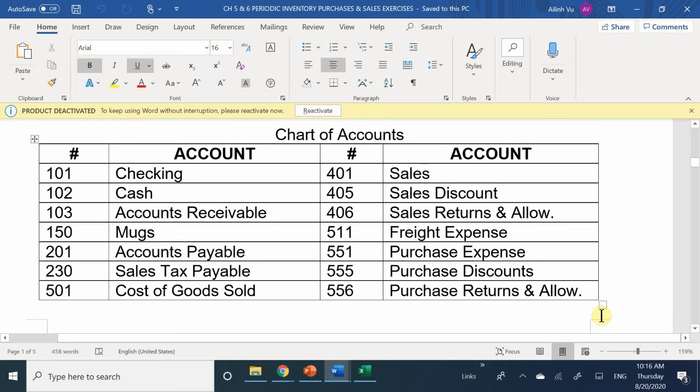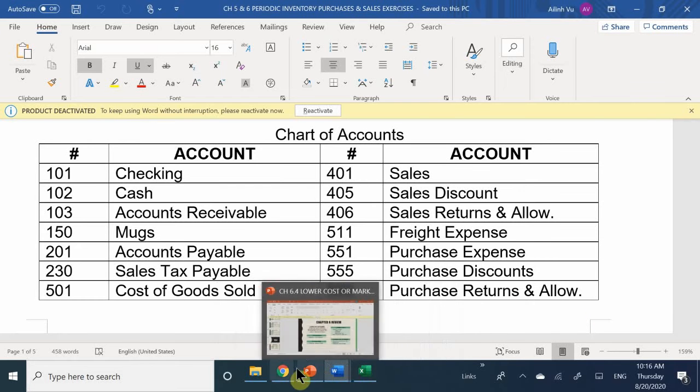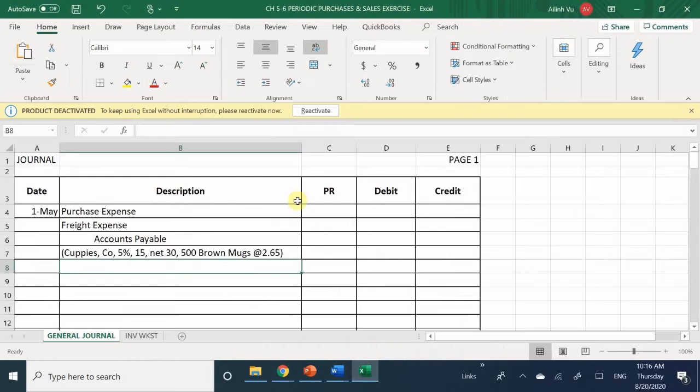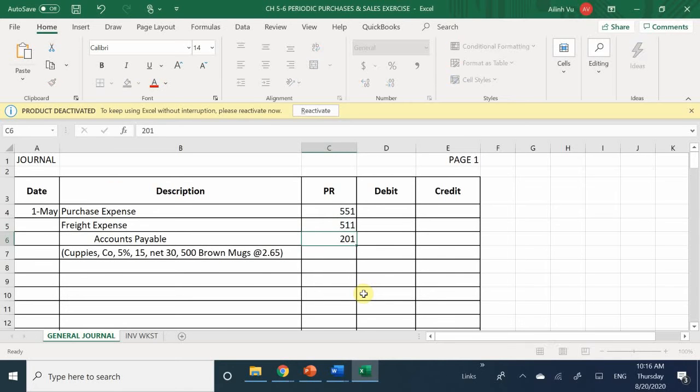So we got purchase expense. Purchase expense is 551, freight expense is 511, and accounts payable is 201. Yes. Okay. So this is us practicing journalizing properly. So in this case, my purchase was 551, my freight expense was 511, and my account for accounts payable was 201.